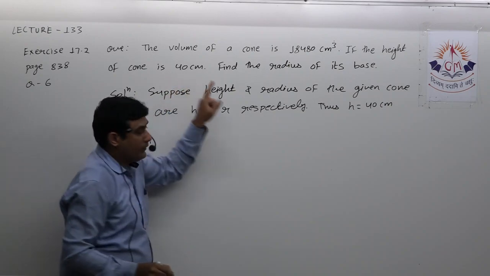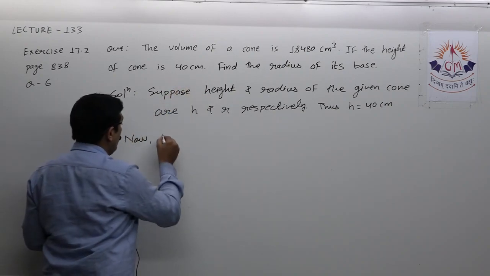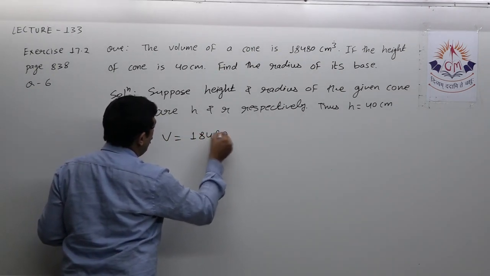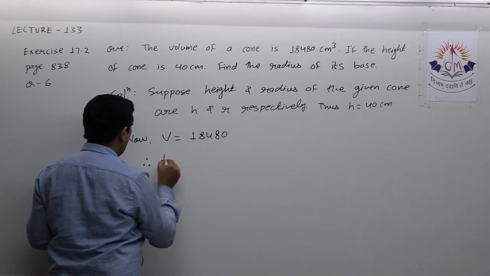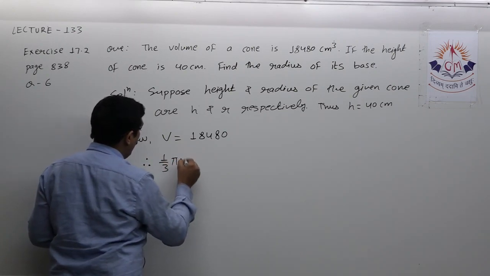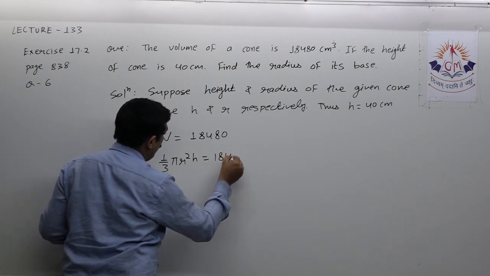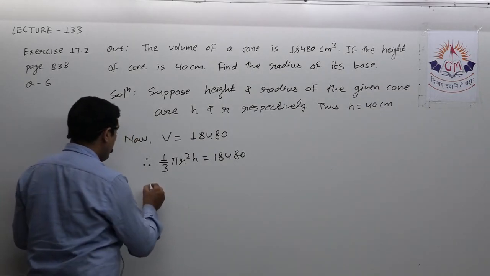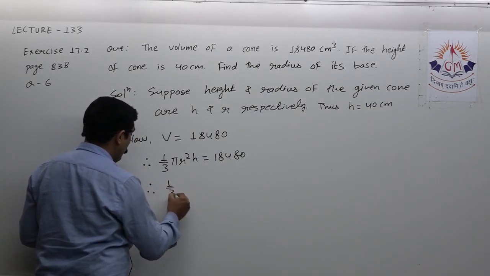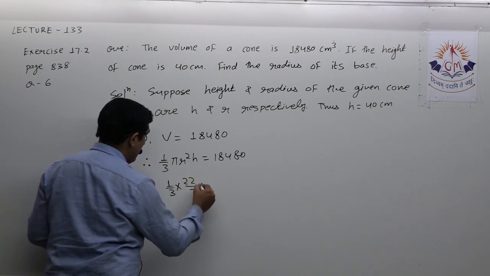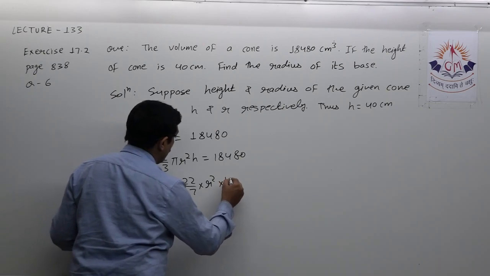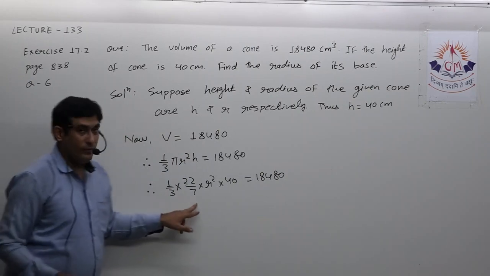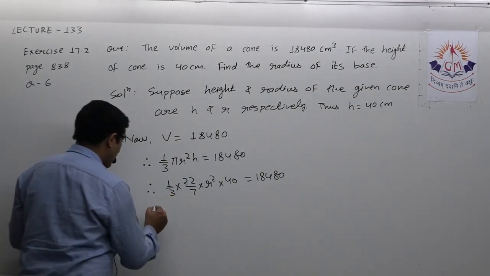Height is given, 40 centimeter. Now volume is given as 18480, but according to the formula volume is 1 by 3 pi r square h. Now over here r we need to find, h is given, so let us put the values. 1 by 3, 22 upon 7, r square I keep as it is, 40, is equal to 18480. So by simplifying this, I'll be able to get the value of r.